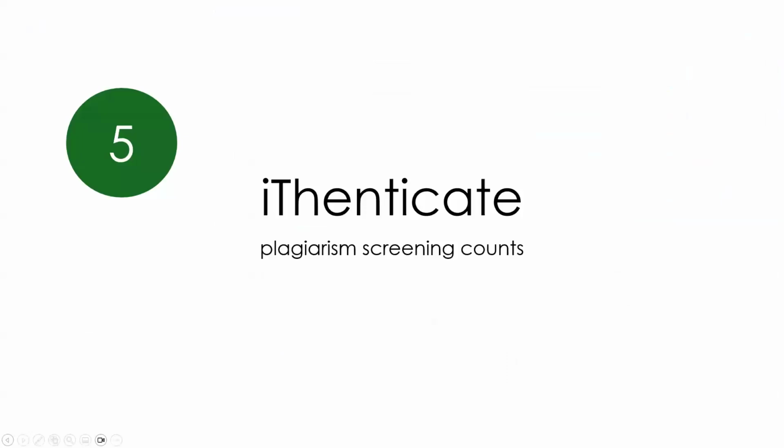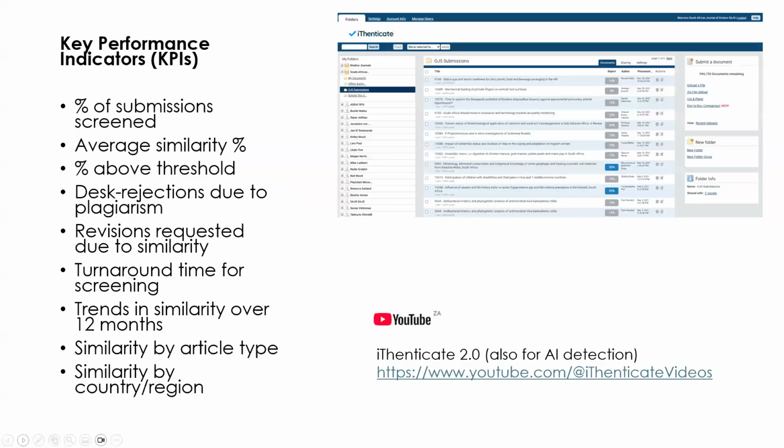Okay, and then the fifth type of statistics you can report on, but this is optional because this is subscription data. Through Crossref, we have access to Authenticate. So if you also subscribe to Crossref, you might also have access to Authenticate and to share plagiarism screening counts.